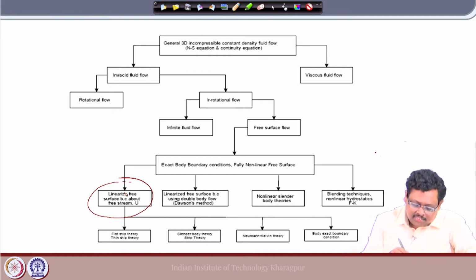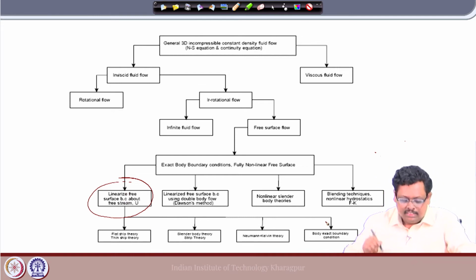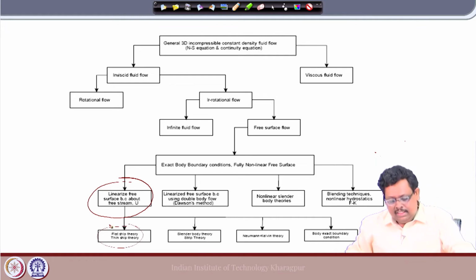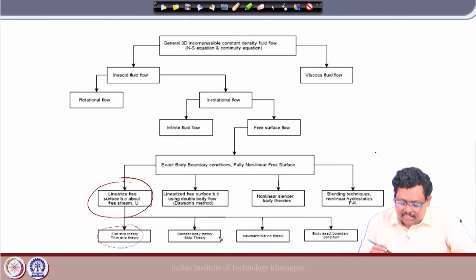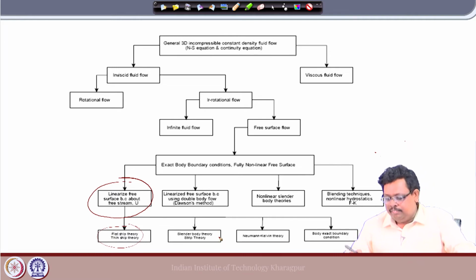And even from that we can have 4 solutions. We have first order thin ship theory, we have slender body theory, we have the Neumann-Kelvin problem, and we have body exact conditions.